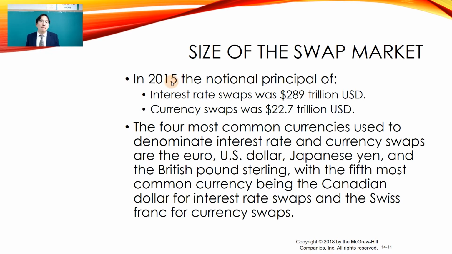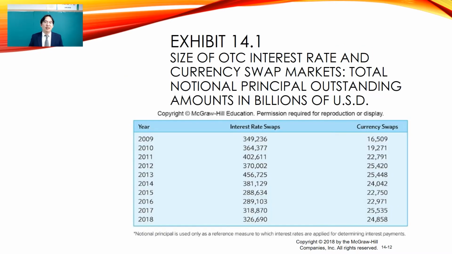The four most common currencies used to denominate interest rate and currency swaps are the euro, US dollar, Japanese yen, and British pound sterling, with the fifth most common currency being the Canadian dollar for interest rate swaps, and the Swiss franc for currency swaps.